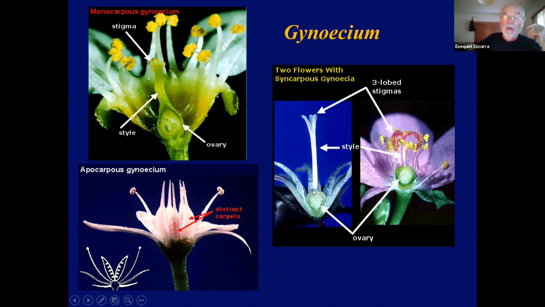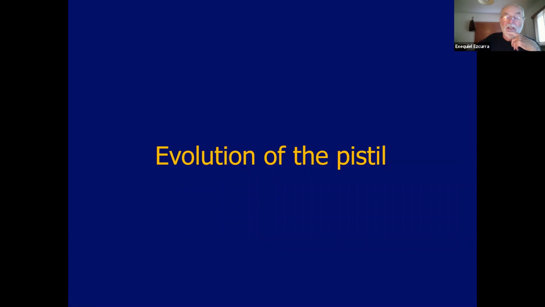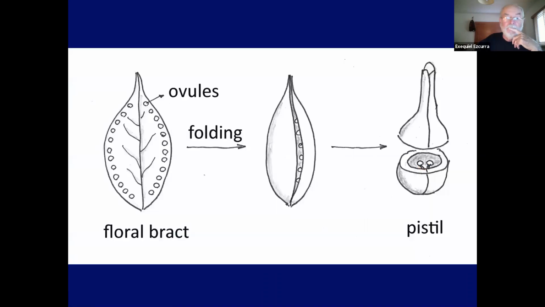Let me show you a few illustrations so you will start understanding this phenomenon, which is the evolution of the pistil. Here you have originally, as we discussed last class, gymnosperms have ovules that are in open bracts.